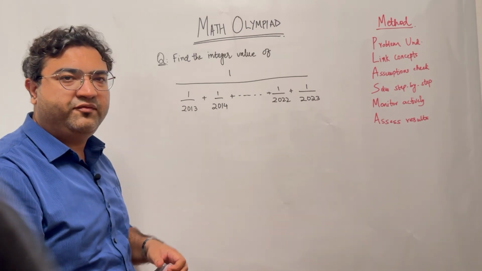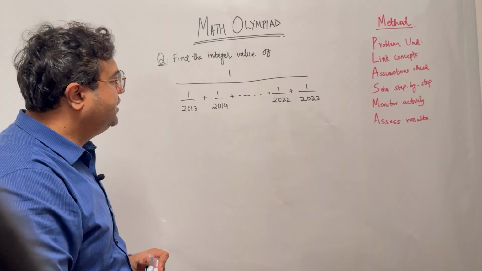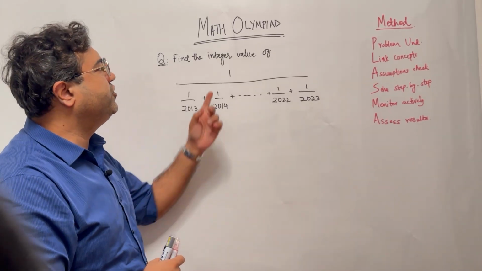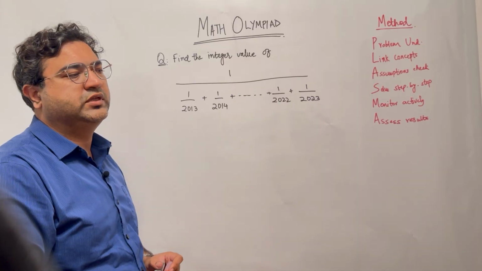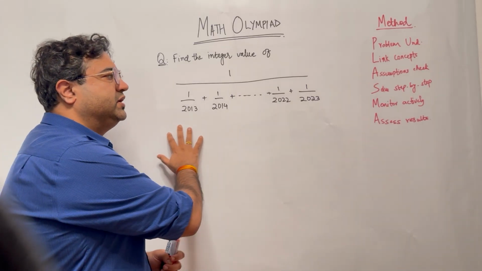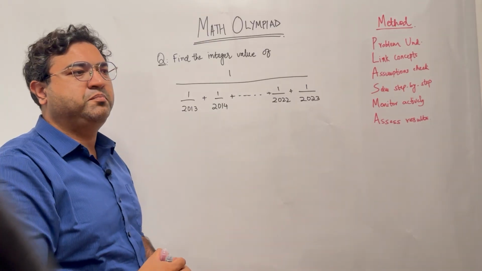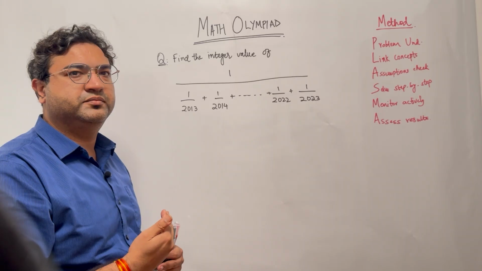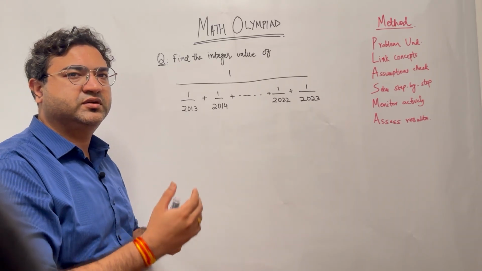Now, we have to link the concepts. Whenever you see a problem like this, where you have to find the integer value, that means somehow this expression must be bound by some upper or lower numbers.